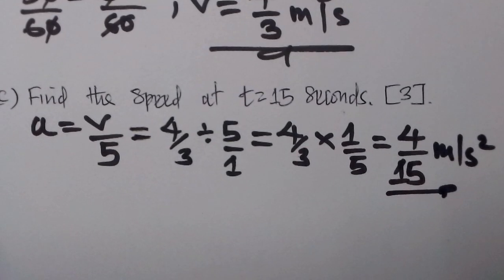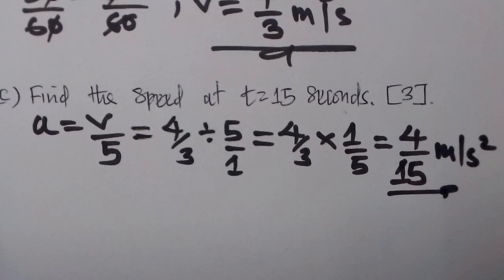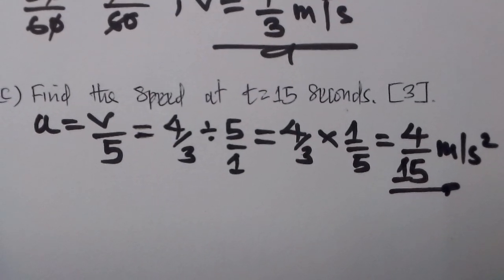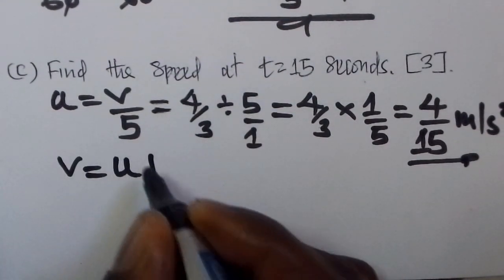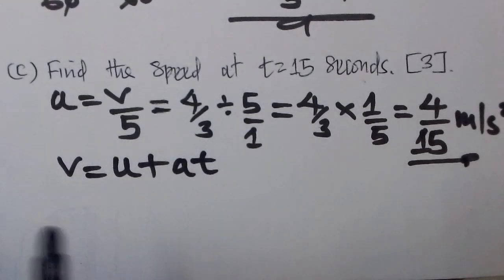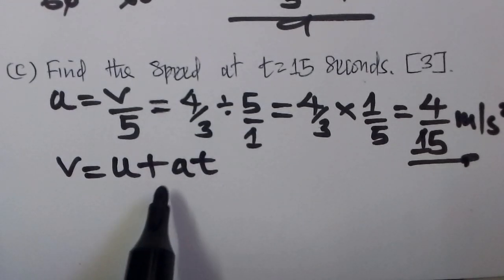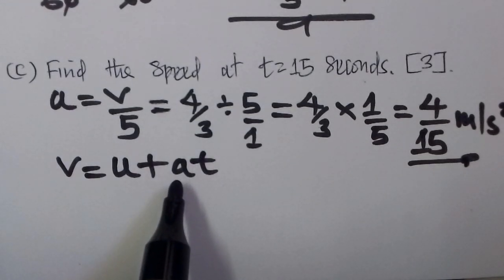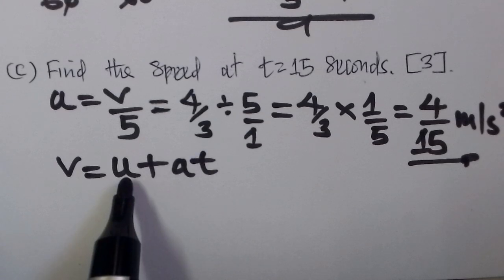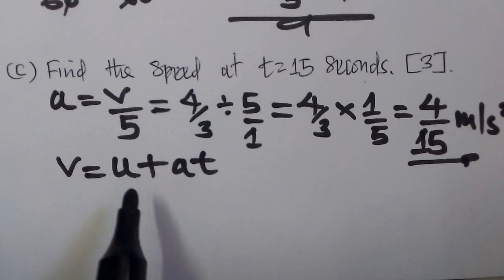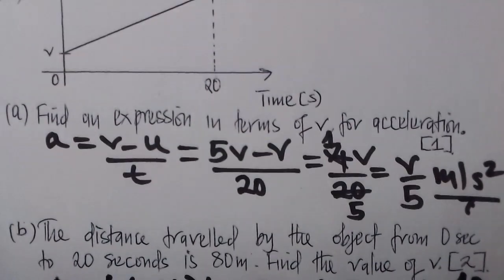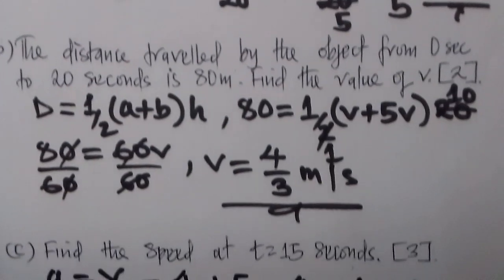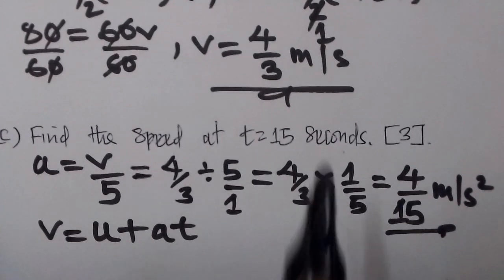And then finding speed when time is equal to 15, we'll use the formula v equal to u plus at. Now that we know our acceleration, which is 4/15, and initial speed is given, so initial speed is this v here. That's our initial speed, and v is calculated as 4/3 here.